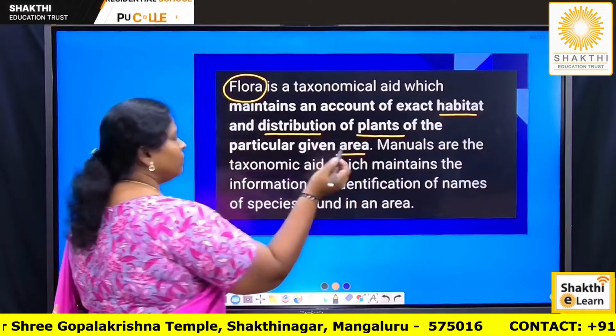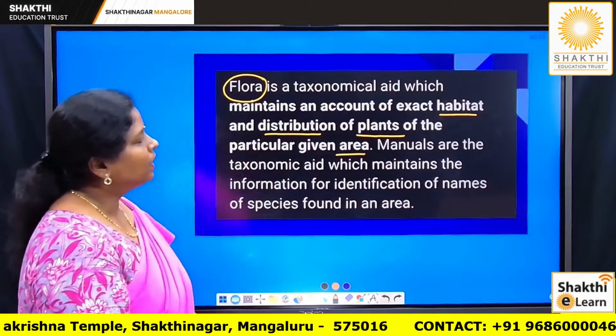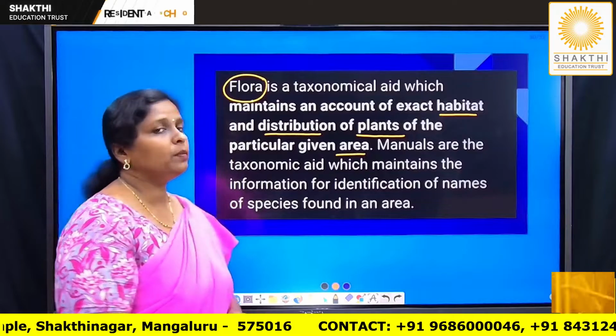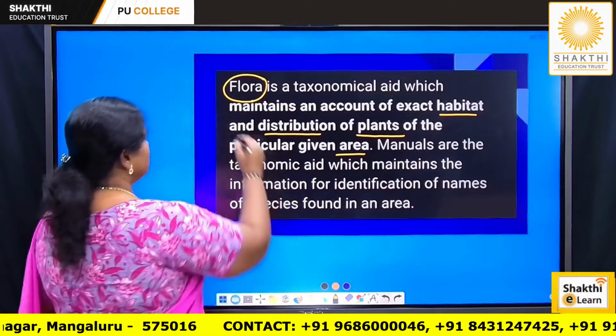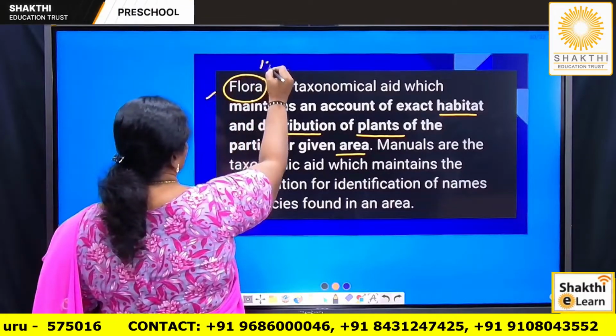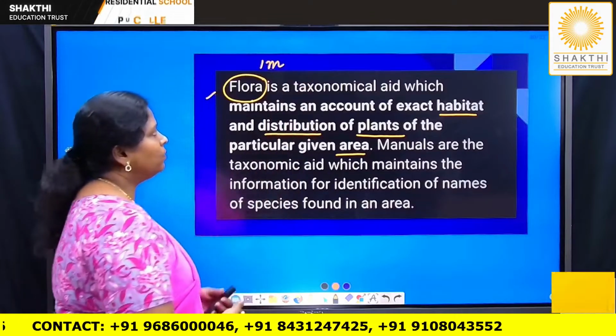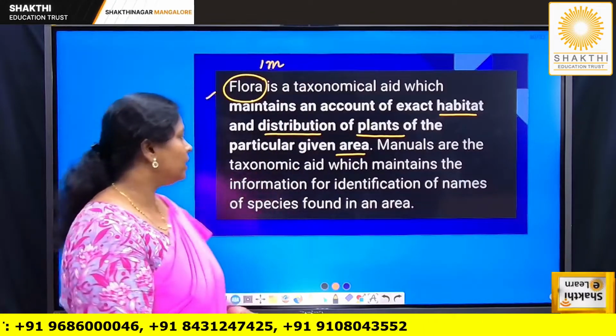So account of details regarding the distribution of particular plant species is called flora. You may get this as a 1-mark question. What is flora? Or what is the importance of flora as a taxonomic aid?